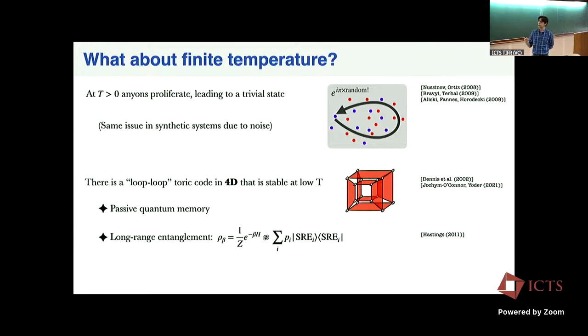Short range entangled is something that I can write as a mixture of pure states. But if you take the density matrix in this way, then the ground state will be in this sum, and the ground state will be long range. That's right. So does that mean even at finite temperature it is still?